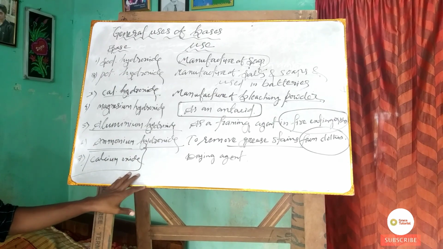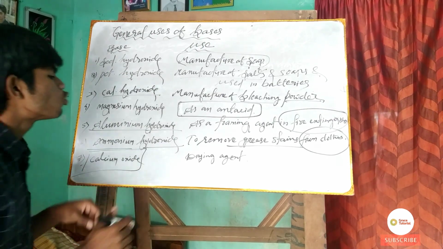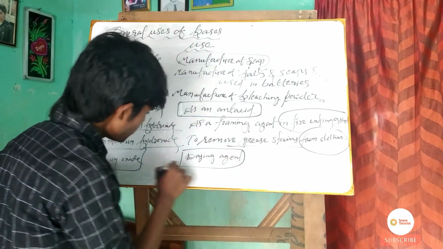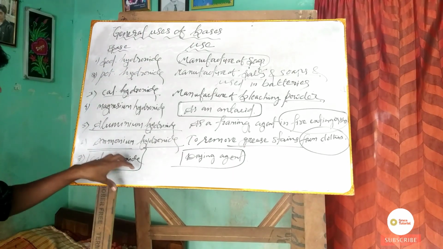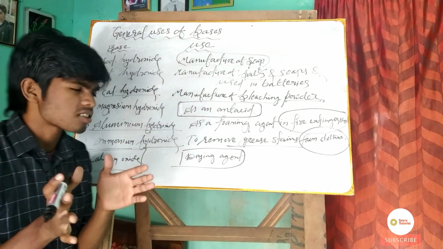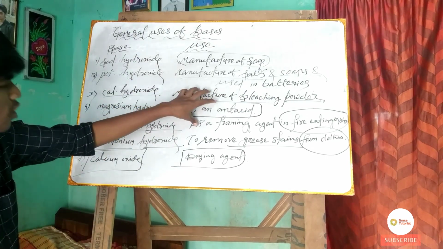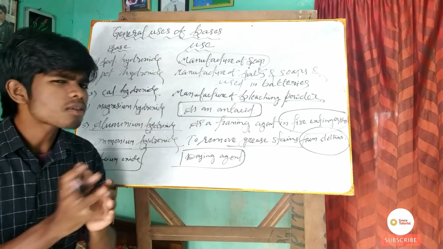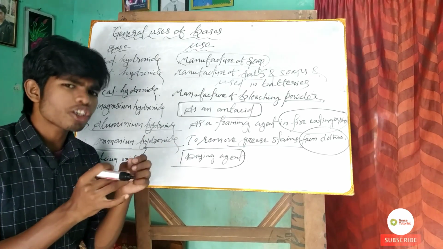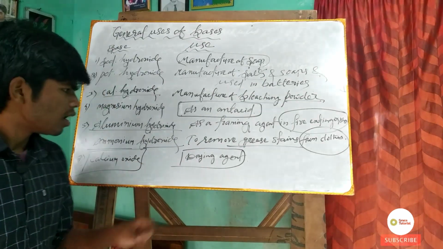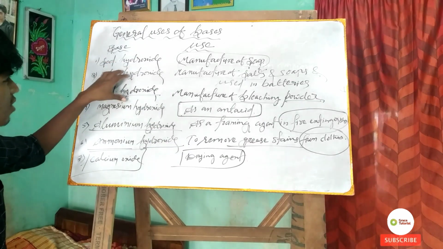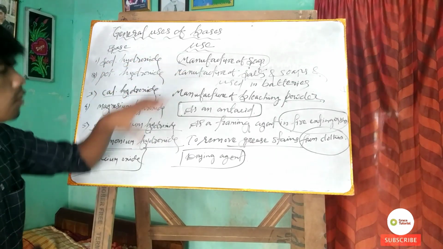This calcium oxide is used as a drying agent. In this way, the various bases have various uses, and we need to understand all those uses. You need to remember some of the uses of the bases, because they are going to come in the examination. Well, that's all about the general uses of the bases.